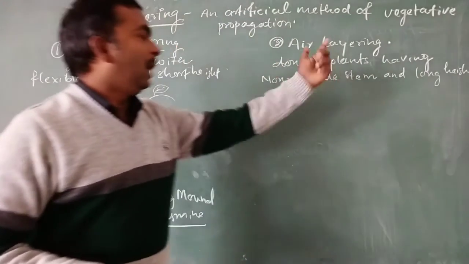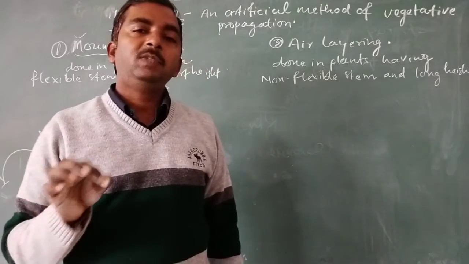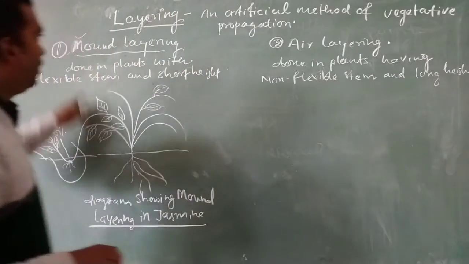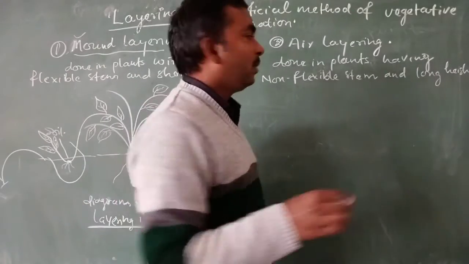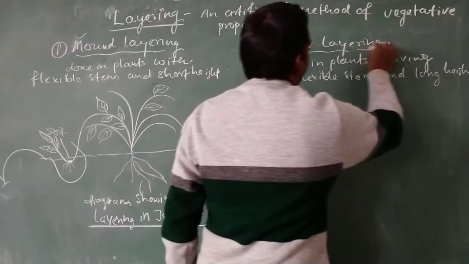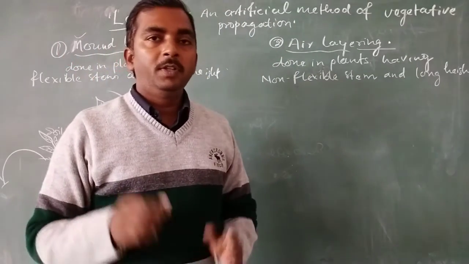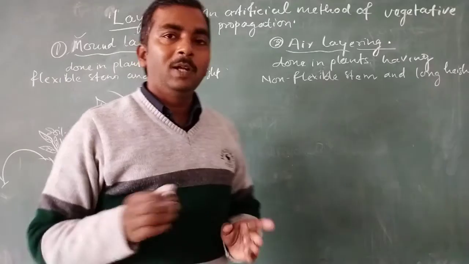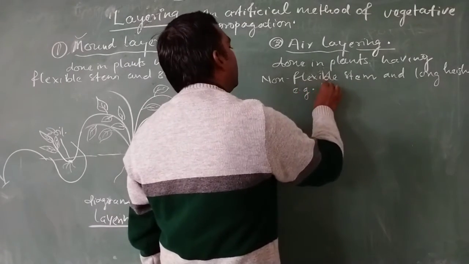So long height and non-flexible stem is an unfavorable condition for mound layering. So in that case, the other type of layering can be done, and that kind of layering is known as air layering. So in the case of air layering, the plants such as, for example, guava.